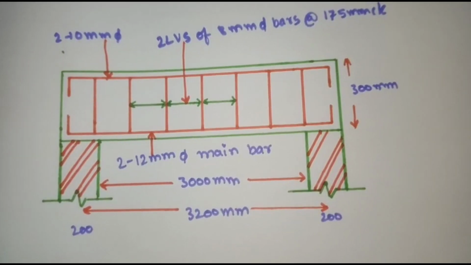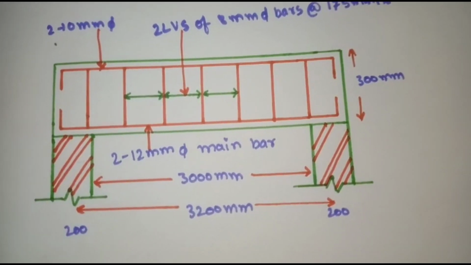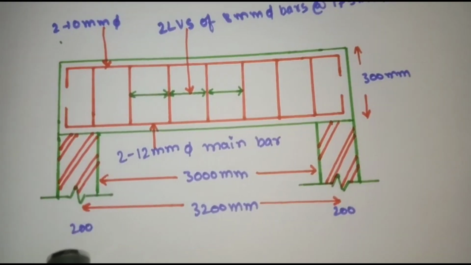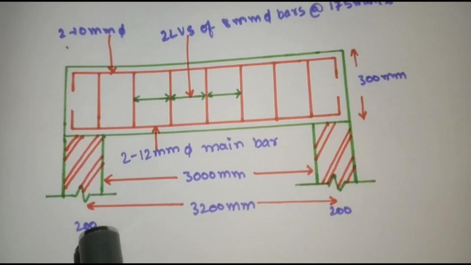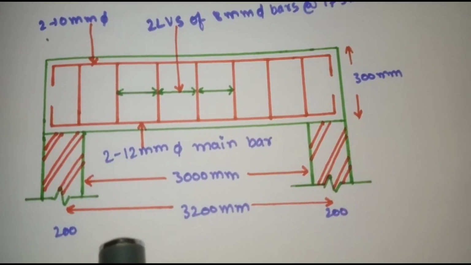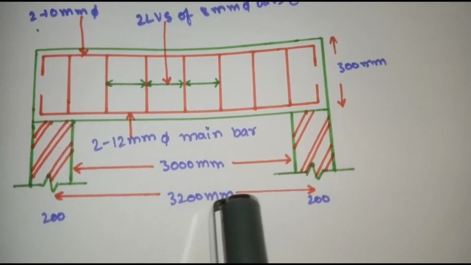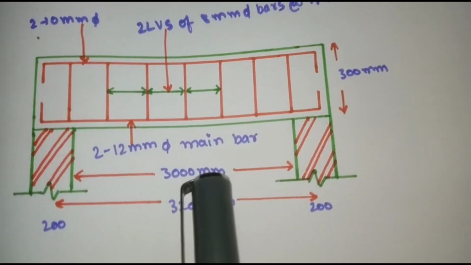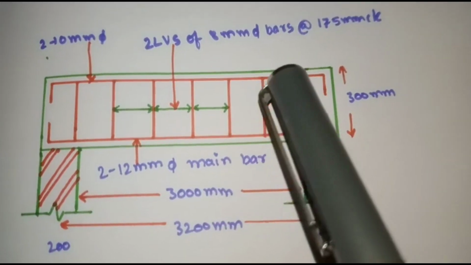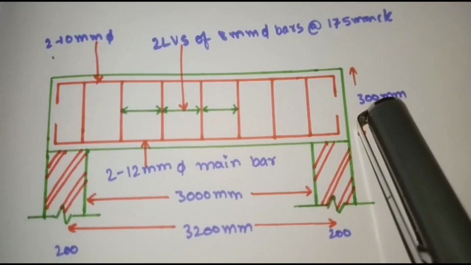So this is the drawing of our beam. These two are the supports of 200 mm, having an effective span of 3200 mm and clear span of 3000 mm. The overall depth of beam is 300 mm.